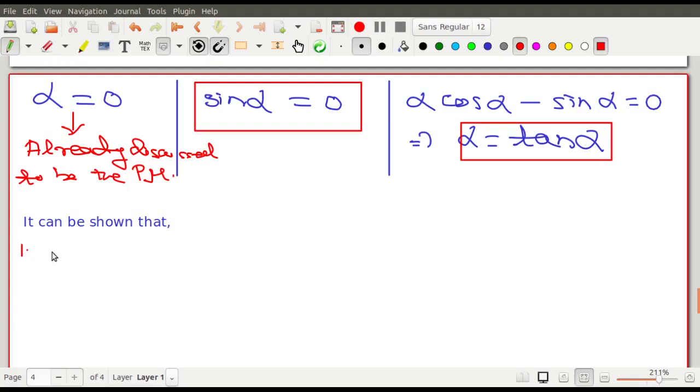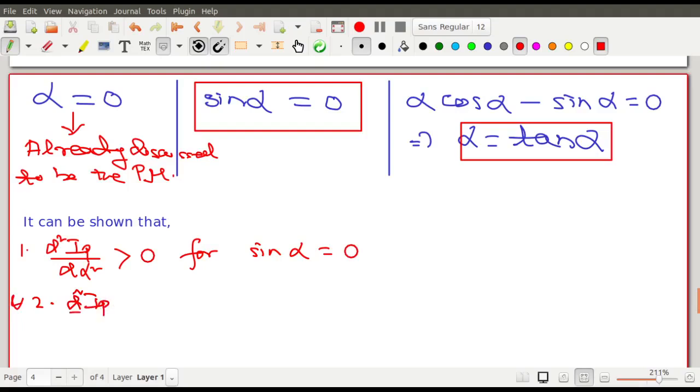number 1, the second derivative d2I by d alpha 2 is greater than 0, meaning a minima point, for sin alpha equals to 0. And number 2, d2I by d alpha 2 is less than 0, meaning a maxima point, for alpha equals to tan alpha.